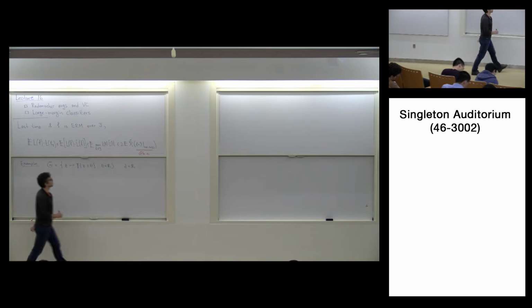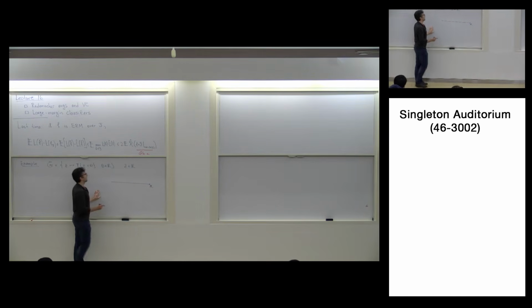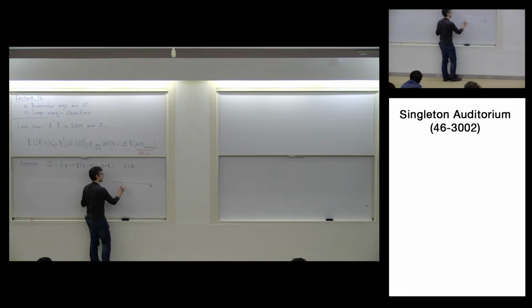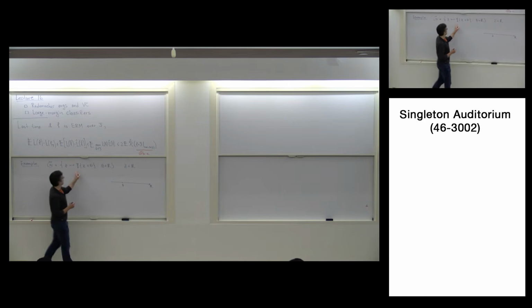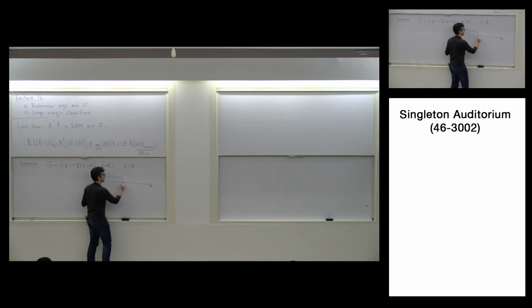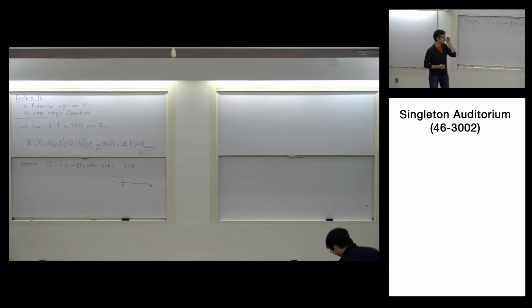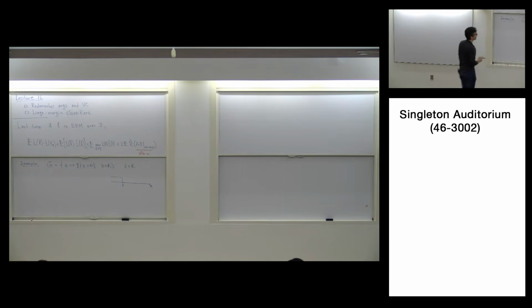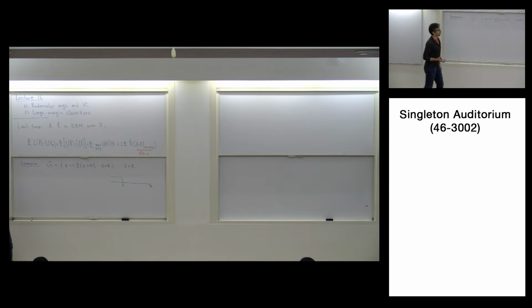What do these functions look like? Here's the real line. Here's theta. You pick theta, and this is just an indicator that z is less than theta. So they look like this. These are just step functions, and the step is at theta. Also called thresholds, if you wish.